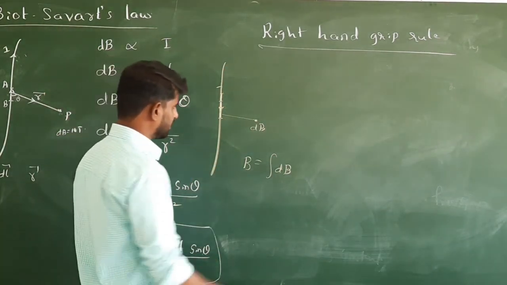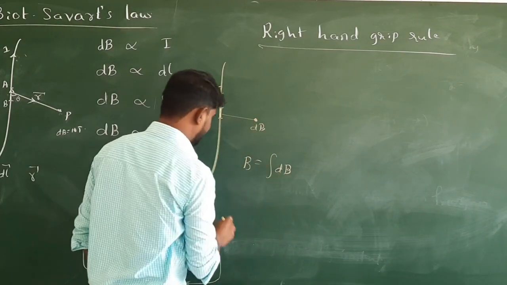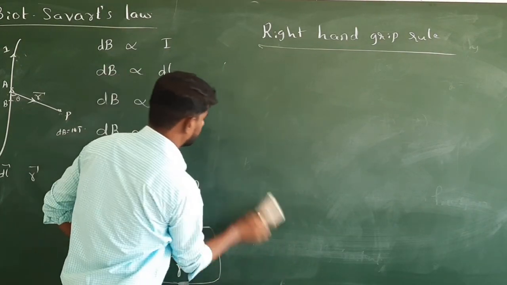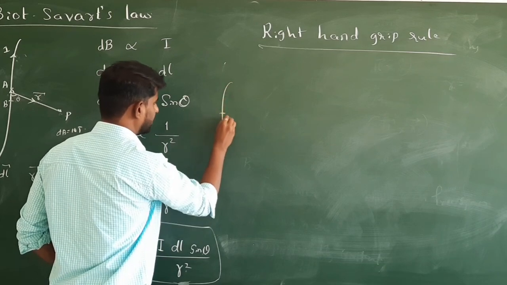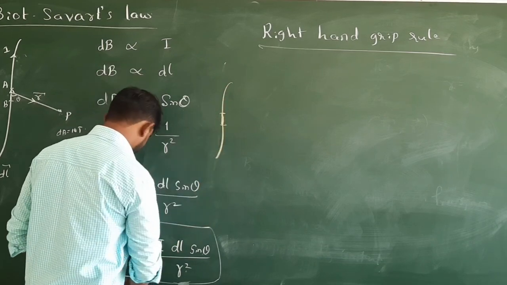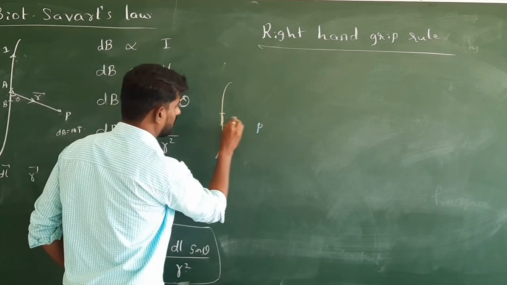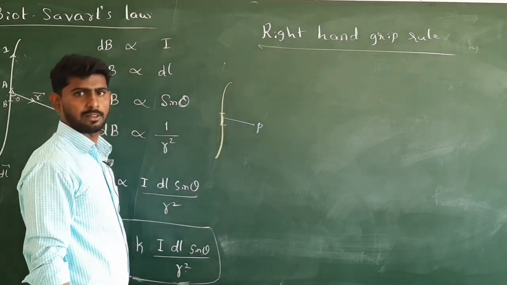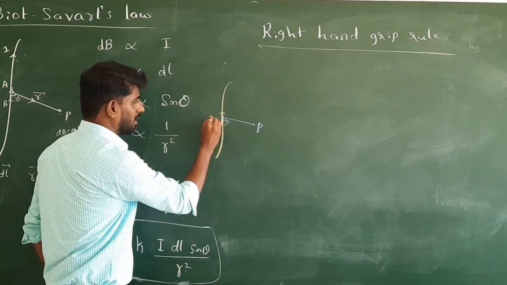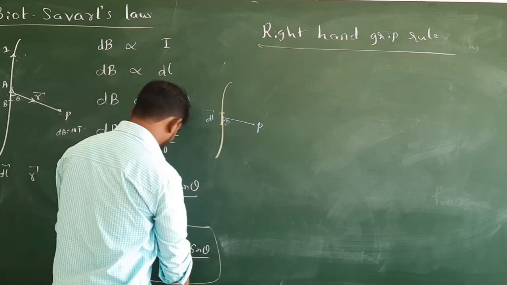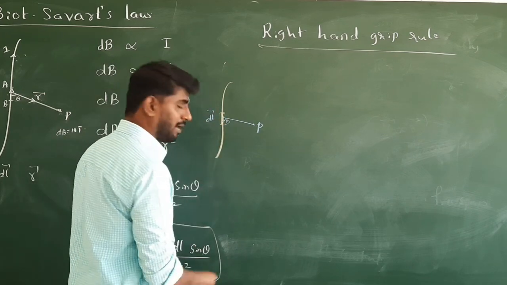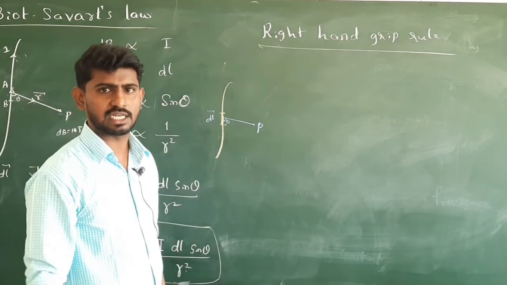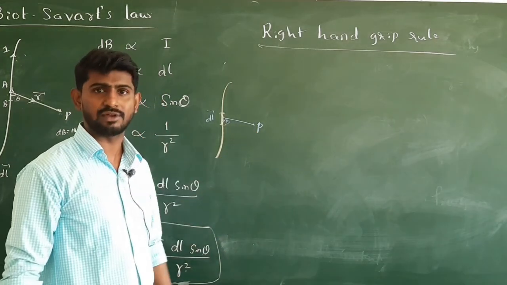And the next question arises, if we get the magnetic field at a point P. So this is the conductor, this is our current element, and this is the point P. This is the r vector, this is angle theta, this is dl. I want to calculate the magnetic field at point P, so we can use the Biot-Savart's law. Then the question arises, what's the direction of magnetic field?